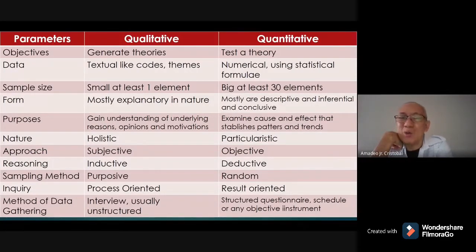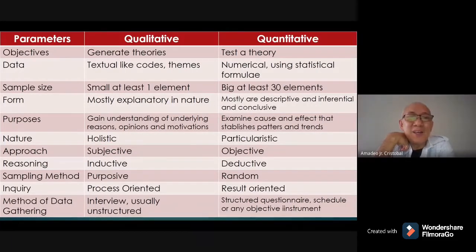So meaning there is already a theory, and then you are going to prove if the theory is still true, acceptable, or if it is rejected. We call that quantitative research. So that's the difference between the two.